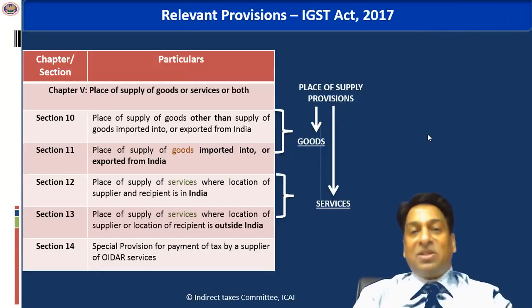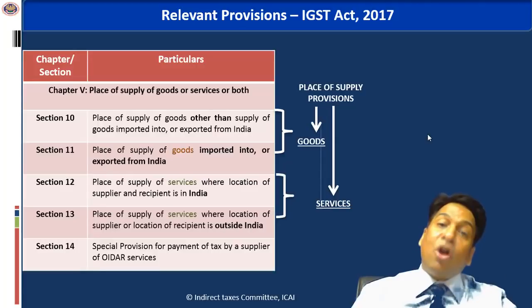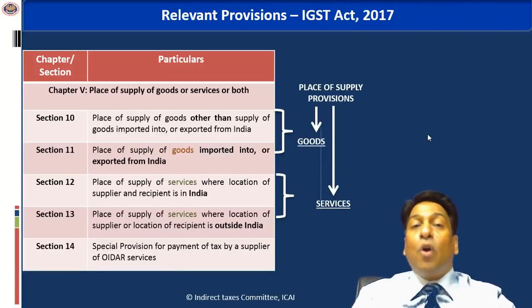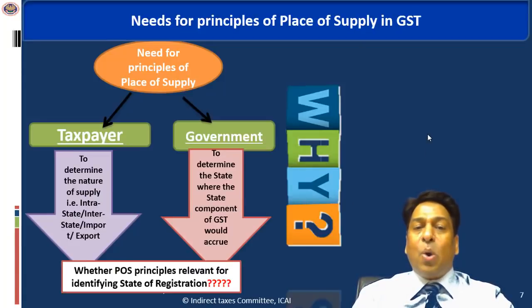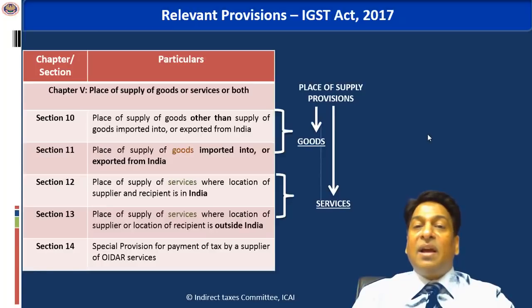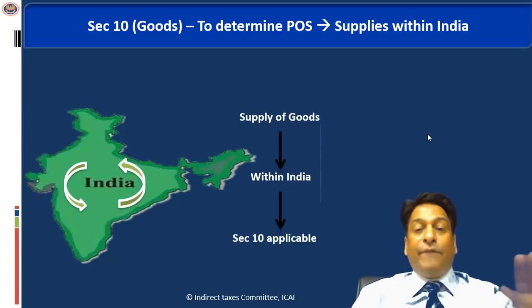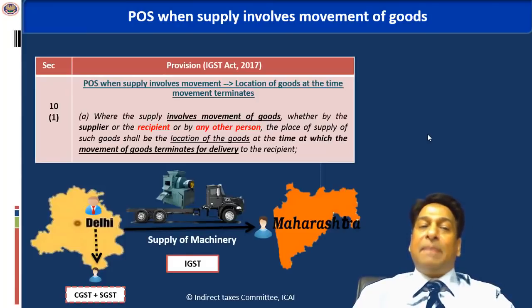What is the implication in the hands of a supplier located in a non-taxable territory for supply of online information database access retrieval service? Having said that, we start with the first, section 10 of the IGST Act, for place of supply for goods within India transactions. Section 10 is applicable.